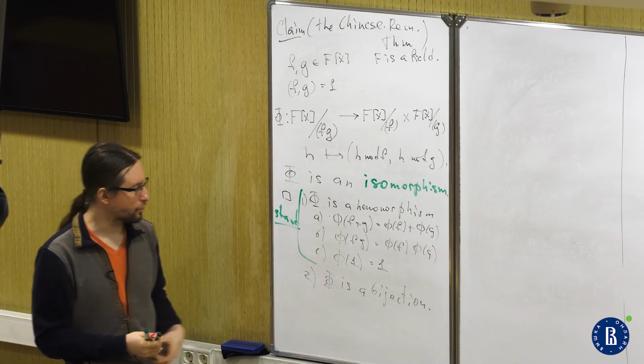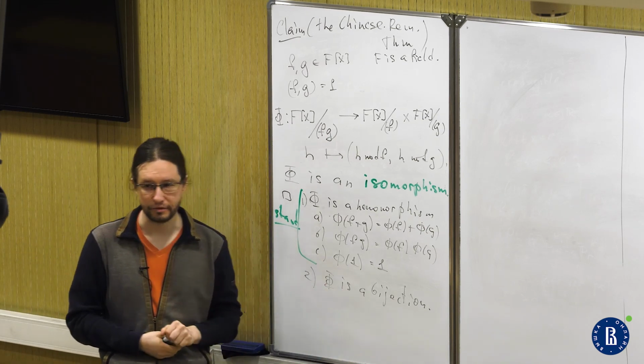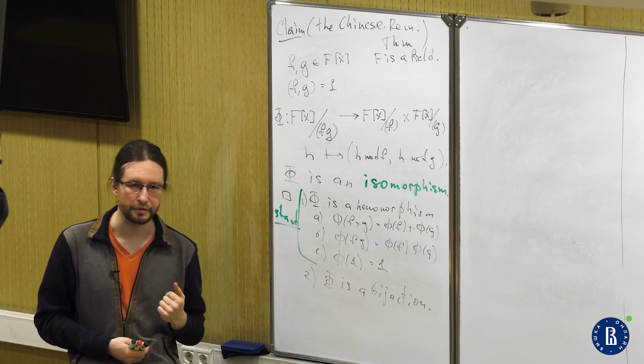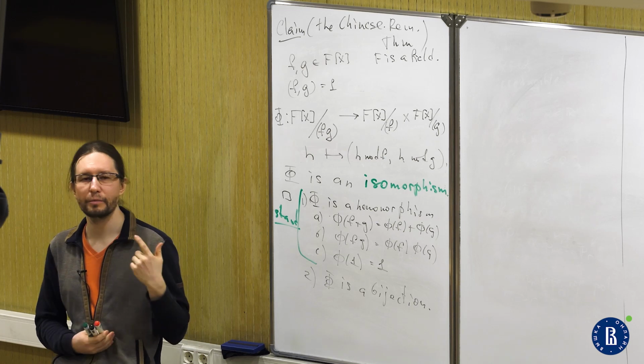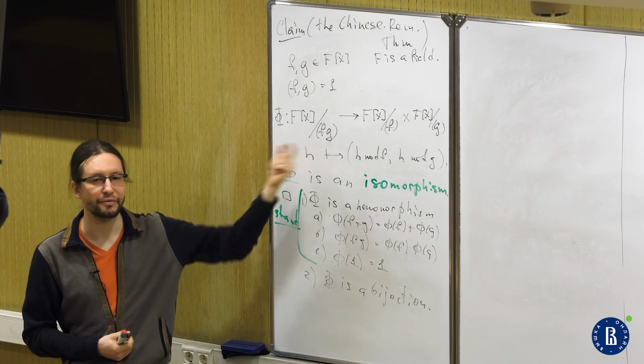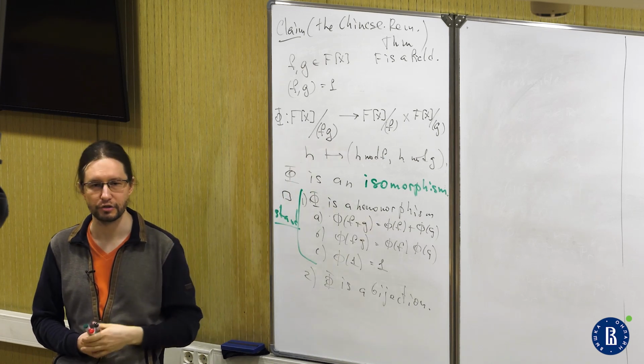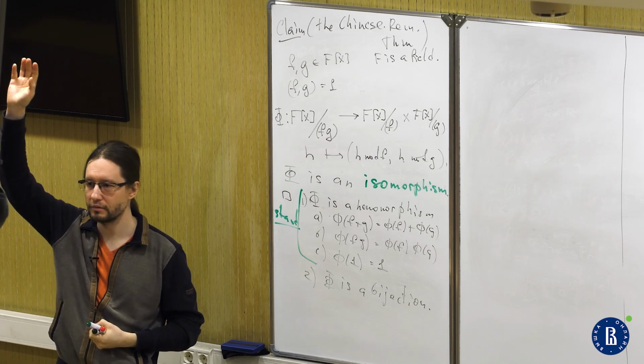Now, we want to prove that phi is a bijection. This is the interesting part. As you remember, how did we prove that the same thing is bijective in the case of integers? Who remembers?